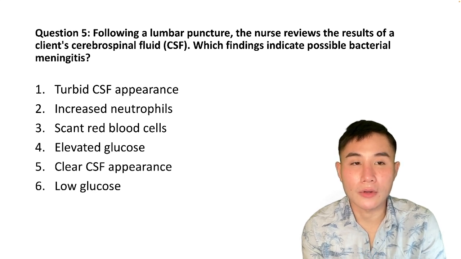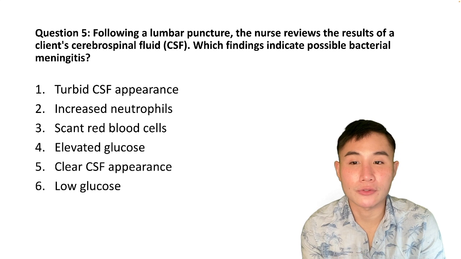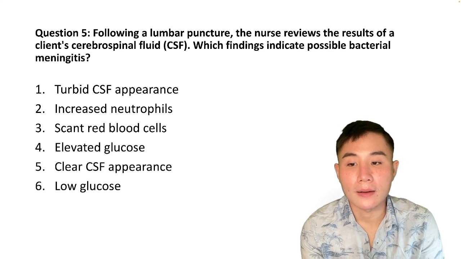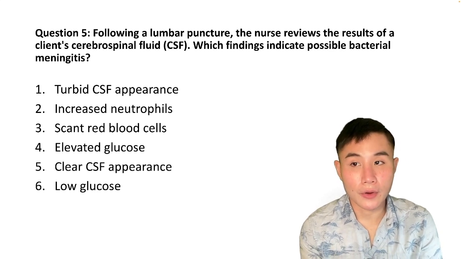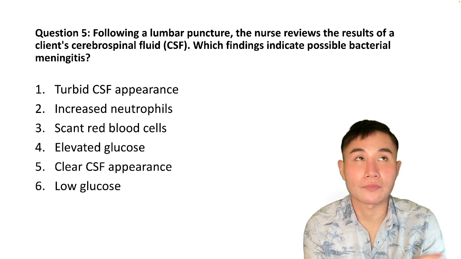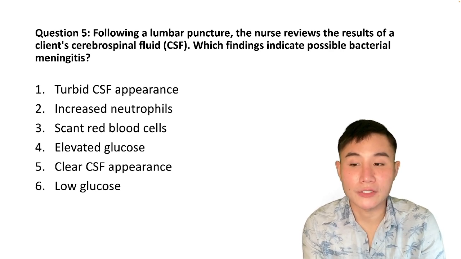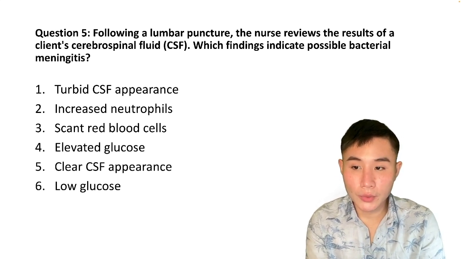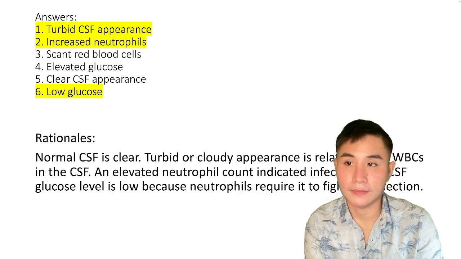So the glucose is low. In viral meningitis, there's no increase in neutrophils, therefore there's a high glucose level in the CSF. Clear CSF appearance is a no-no, because that is viral meningitis. All right, so it will be 1, 2, and 6.